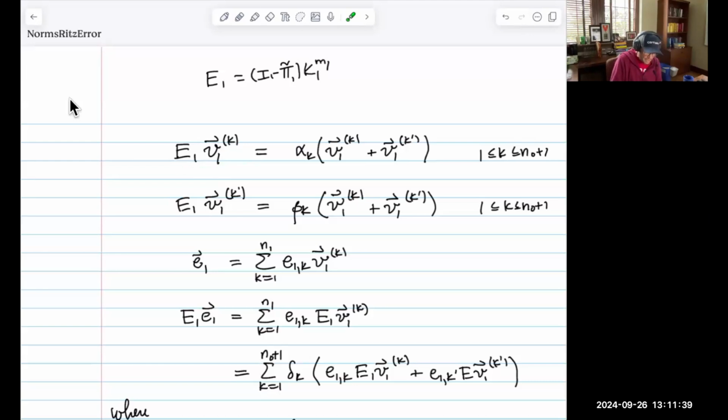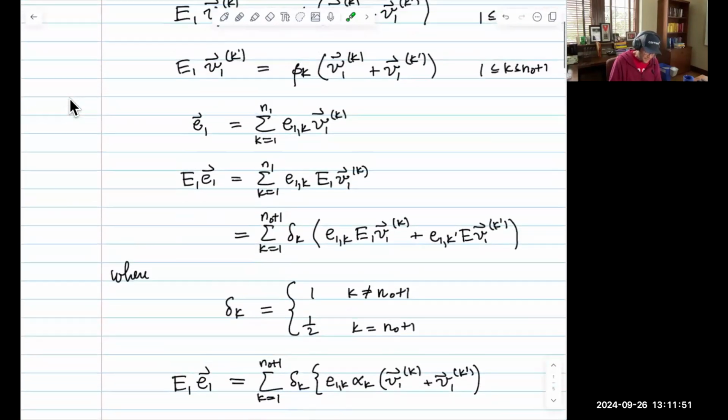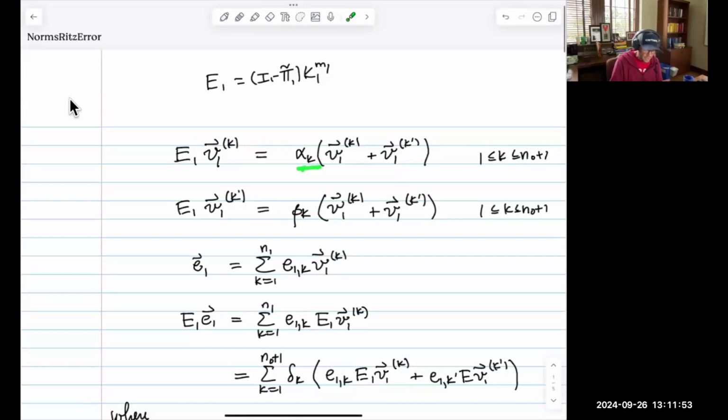And what we get is alpha k times v1k plus v1k prime. This is exactly the same as what I just showed you. The only difference is this was just sk, and now this alpha k can be whatever we want, right? I think in this case it's sk times the eigenvalues associated with this. And the same with the second one.